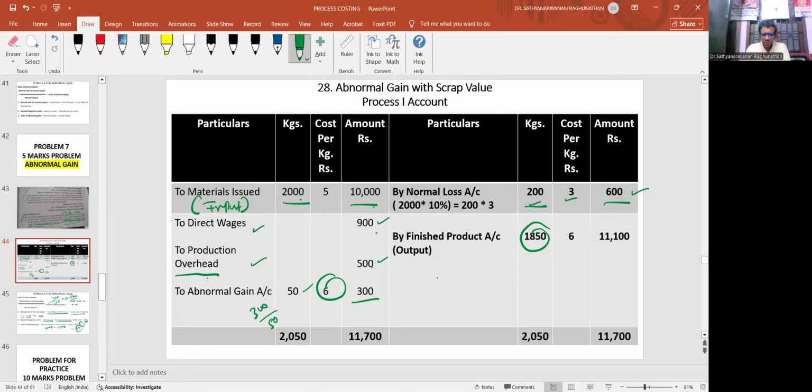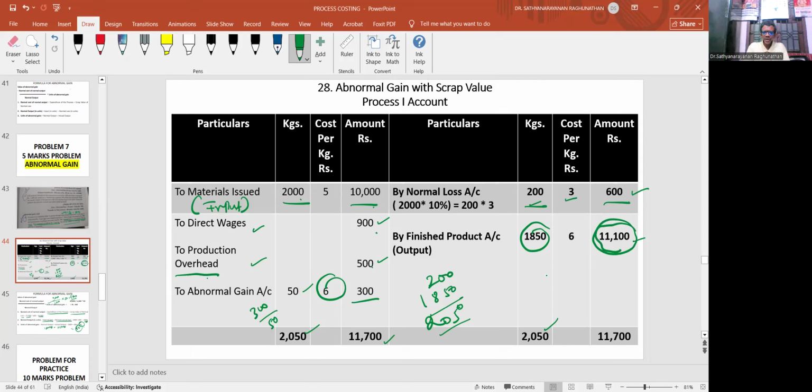Here also you are getting 2,050 or not. You just do the cross verification. So 200 plus 1,850, yes, 2,050. Whatever you have done is correct. And then here 11,700. Okay. 11,700 minus 600, 11,100 is the finished product account value.